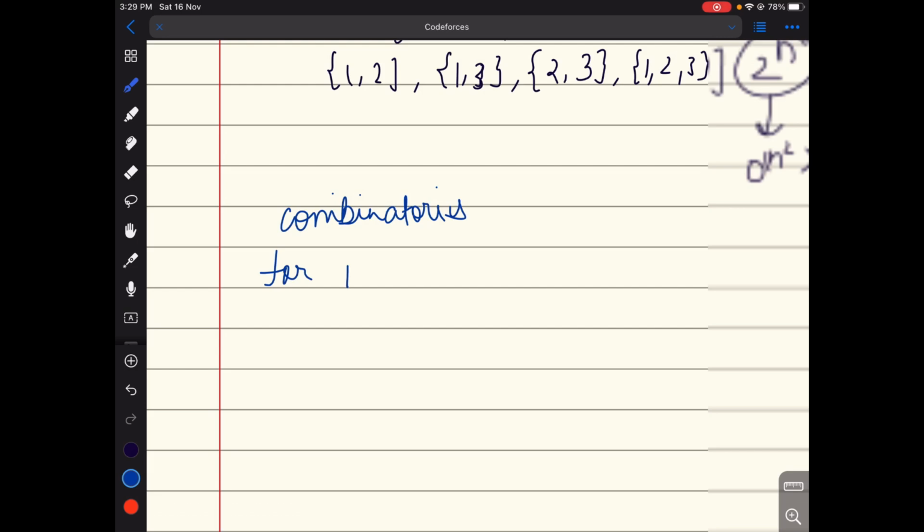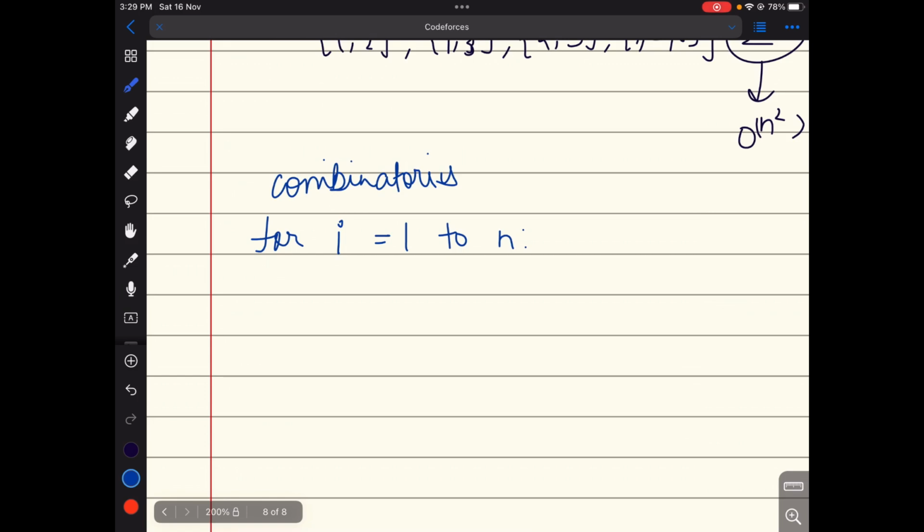So for i equals 1 to n, the mex of a set of size k will range from k plus 1 to 2 times k plus 1.